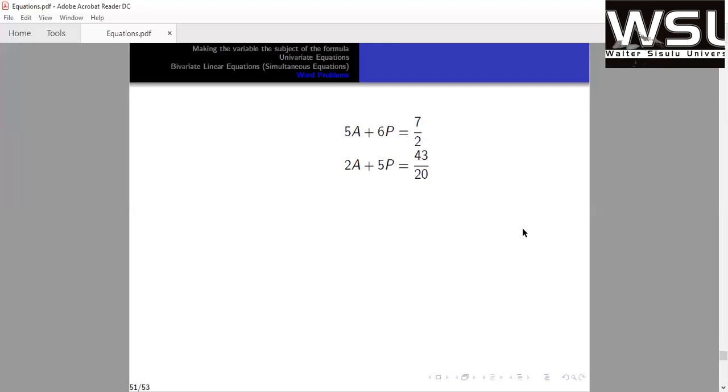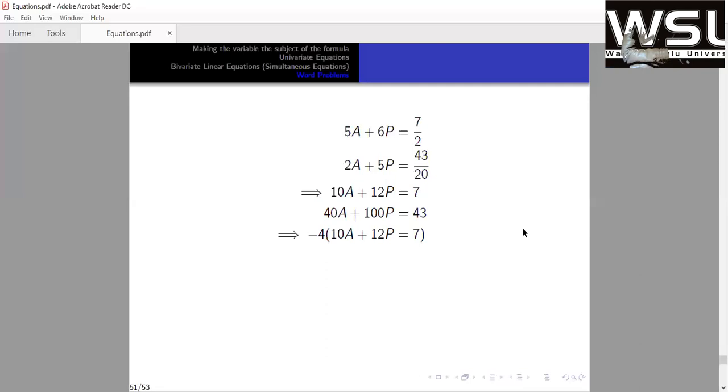Remember, we said we're trying to avoid, by all means, any decimal or fraction. For the first equation, we multiply throughout by 2 to avoid any fraction, and then we've got 10a plus 12p is equal to 7. For the second equation, we multiply throughout by 20, such that we've got 40a plus 100p is equal to 43.